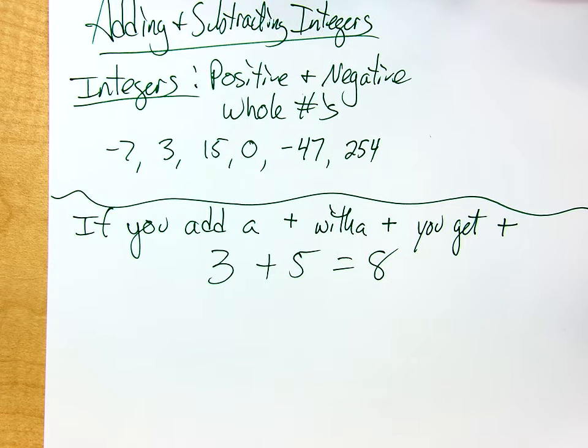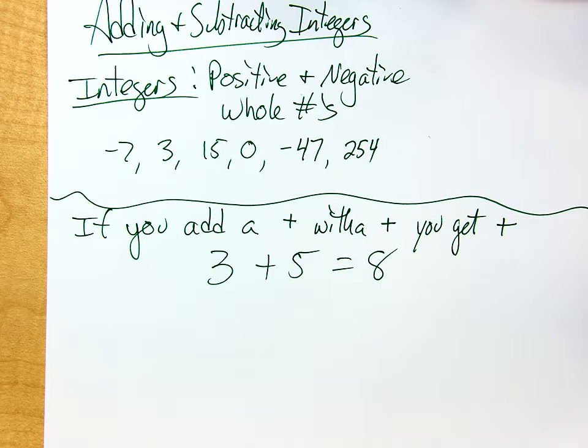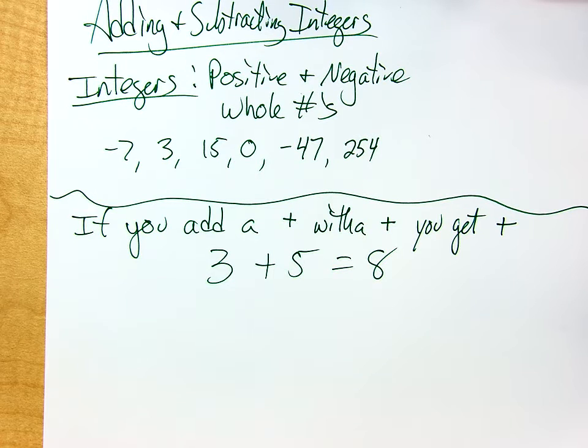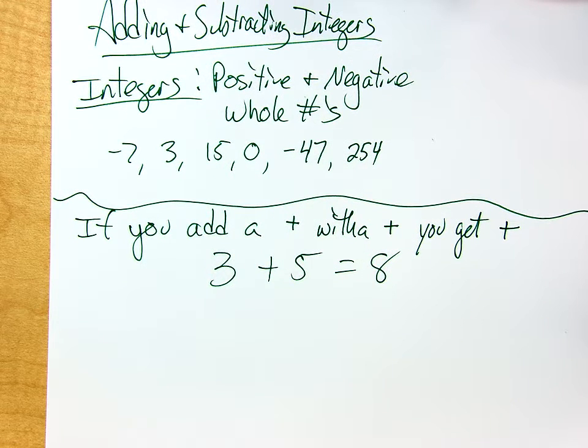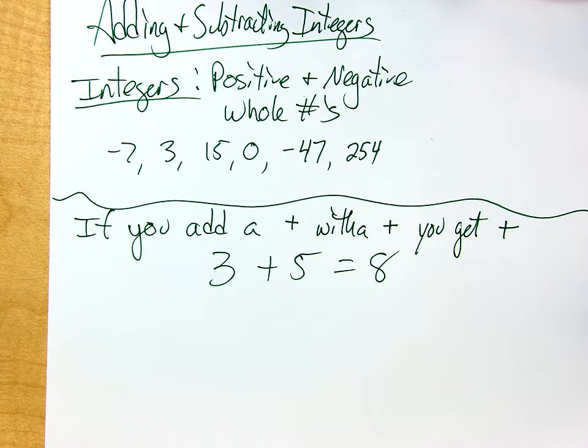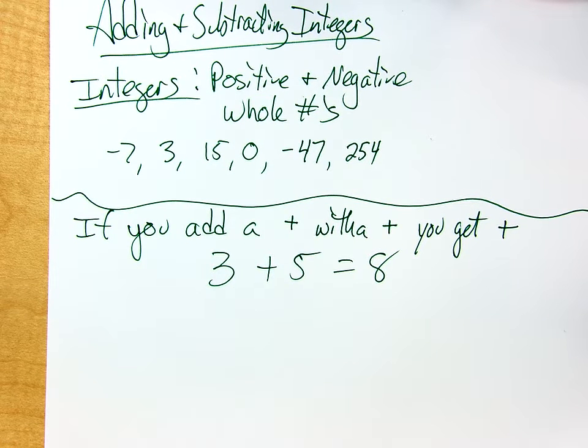If you add together 2 negatives, I like to think about positives and negatives as points if I'm playing a game. Okay? So if I'm down by 3 points, and then I lose another 2 points, where am I? I'm down by 5. So a negative plus another negative just gets me another negative. So if you have the same sign, it stays the same, okay?